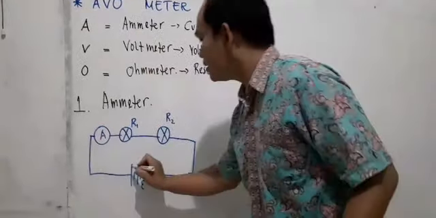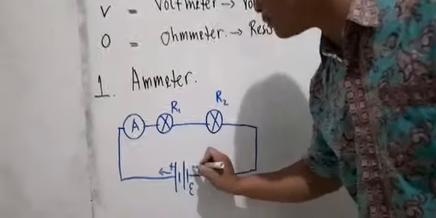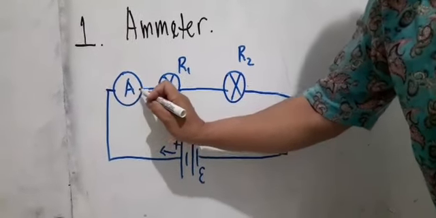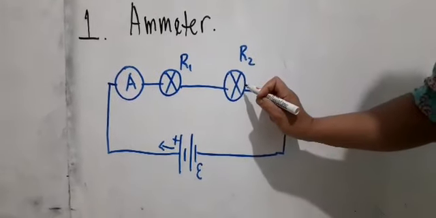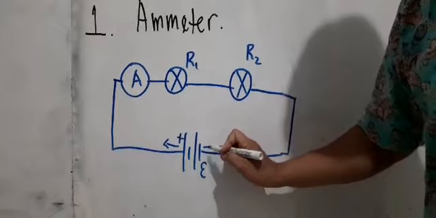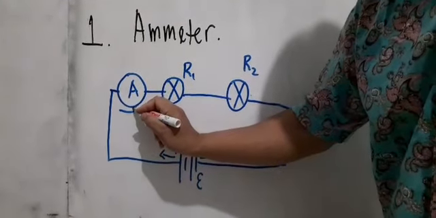So the current that flows from the high potential, which is positive, goes to the ammeter, then to resistance 1, then resistance 2, and then back again to the negative terminal.